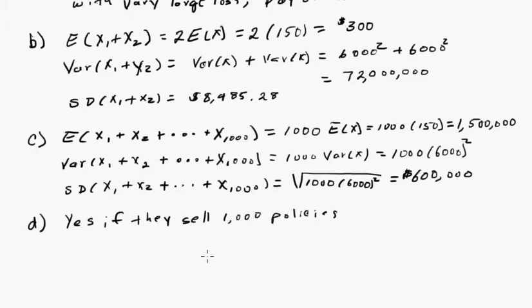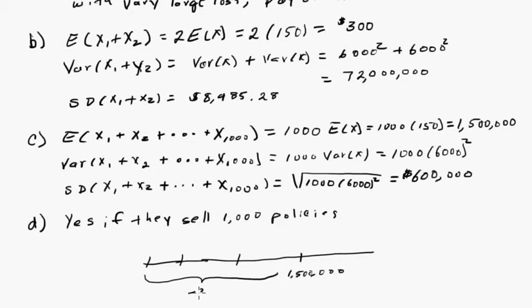Because if you look at the expected value, to get to 0, you'd have to go minus 1 standard deviation, minus another standard deviation, and then half a standard deviation. So you'd have to go minus 2.5 standard deviations in order to get to 0. So that's quite a ways away.